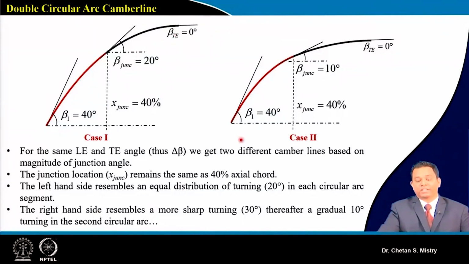On the other side, in the other configuration, the flow turning is 30 degrees, and that gives me my exit angle as 0 degrees.